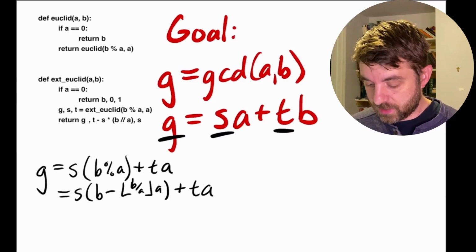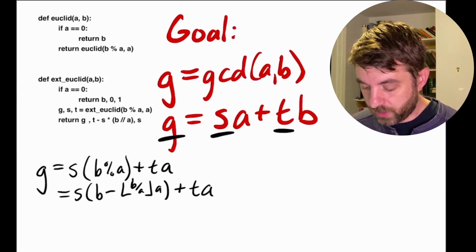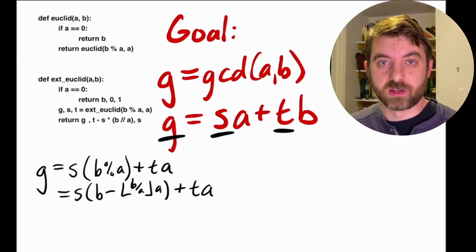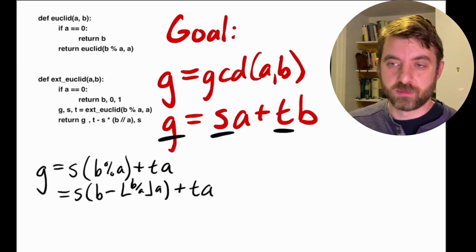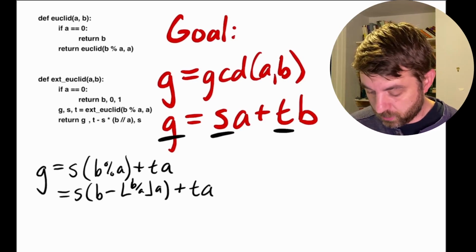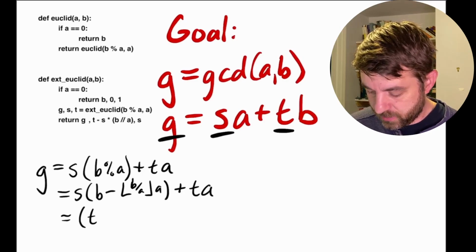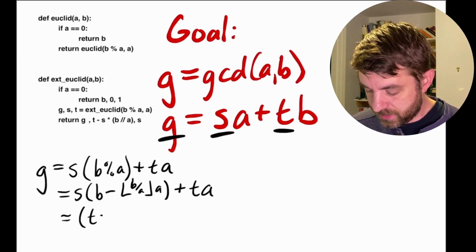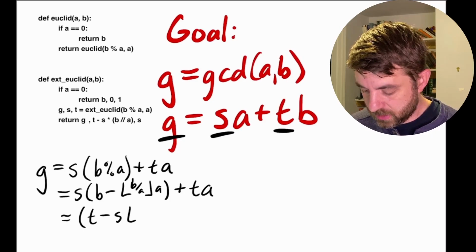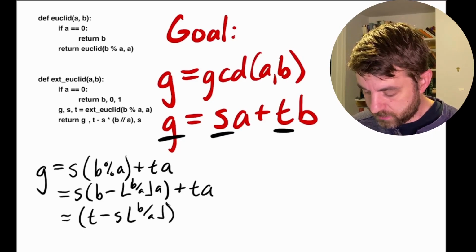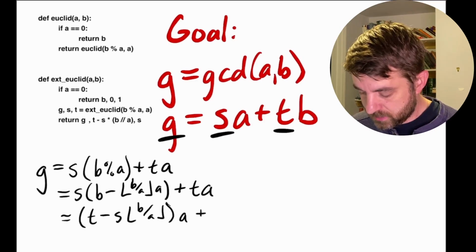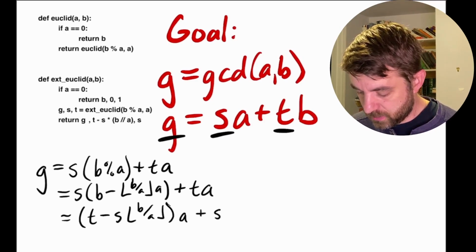So this can now be rearranged by taking the terms that are multiples of A and the terms that are multiples of B and grouping them. And what I'll see is, well, I have T times A, and I have S times B minus S times the floor of B over A times A.